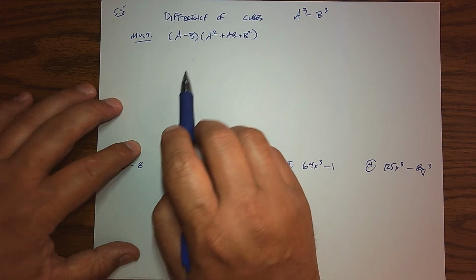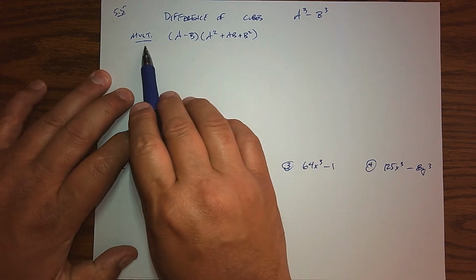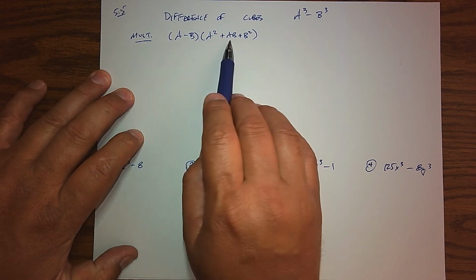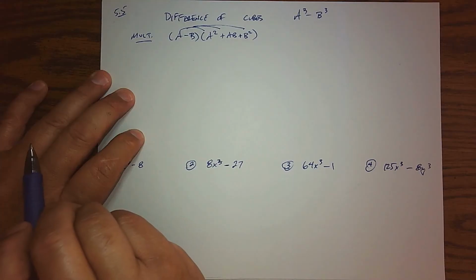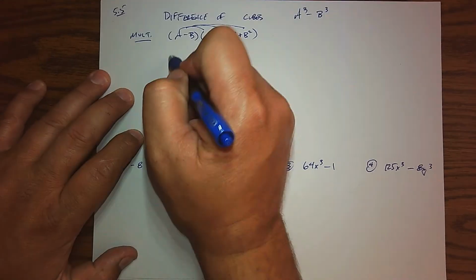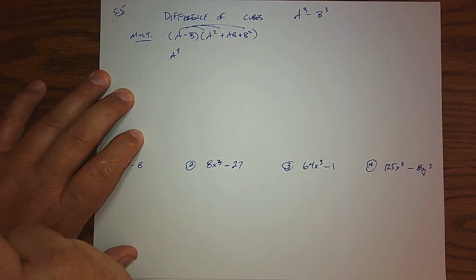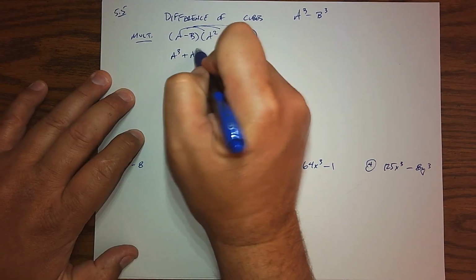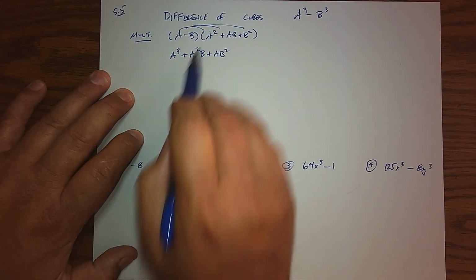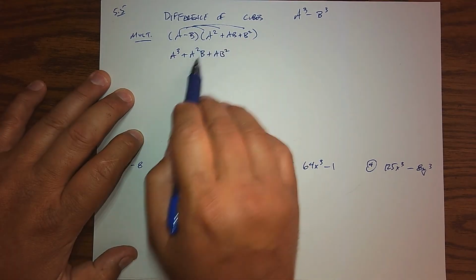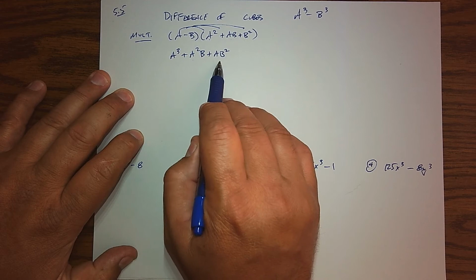Let's see that at work. To multiply, remember we go term by term. I first multiply the a, making sure it hits all the terms as I distribute it. That gives me a cubed plus a squared b plus ab squared. So a cubed is a times a squared, and a squared b is a times ab.